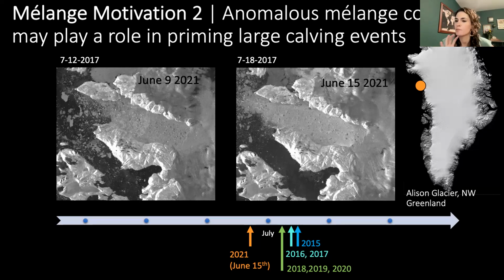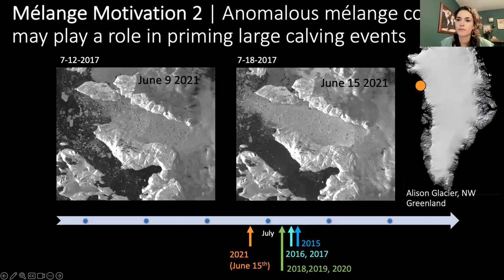Instead, the mélange might be rigid until one point where it all flushes out completely. Looking from June 9th, 2021 to June 15th, 2021, I know it's hard to see in these images, but this whole area where it's a little bit darker, that's rigid mélange. And then within 6 days, the whole fjord is light. So that whole rigid mélange blew out within less than a week.